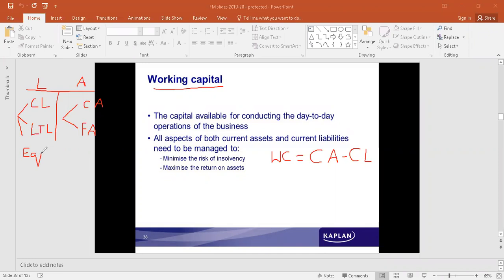Those assets we call current assets. What are current liabilities? Those liabilities which have to be discharged, paid back, repaid in a period of 1 year or operating cycle, whichever is longer, we call them current liabilities.